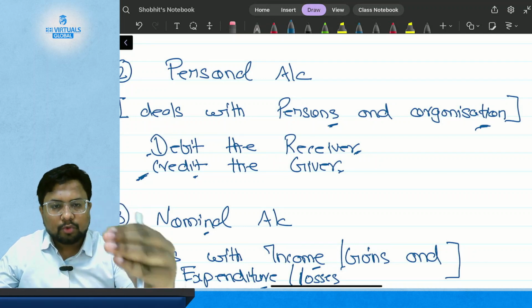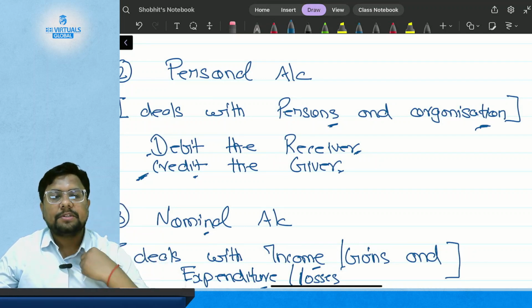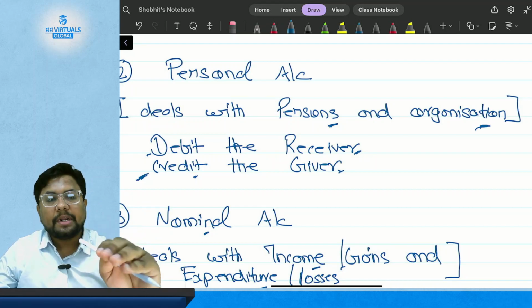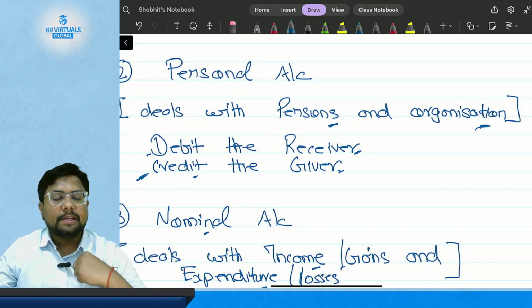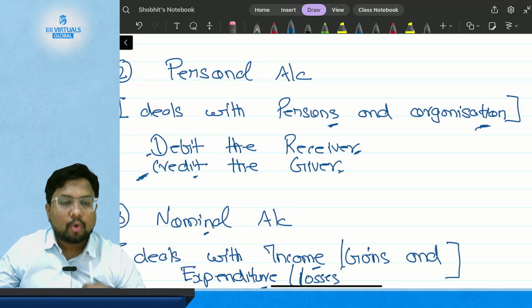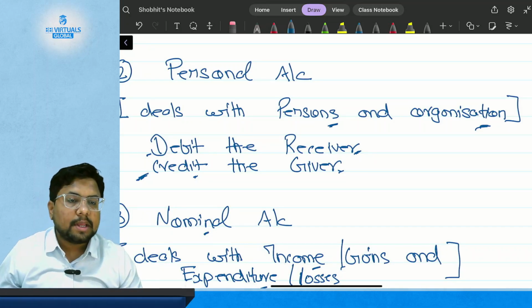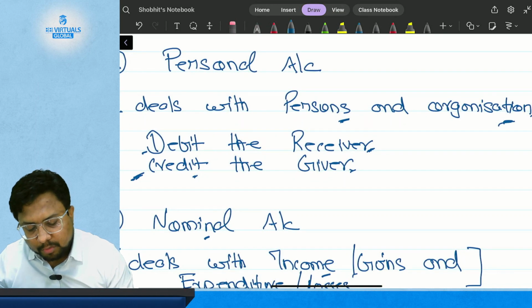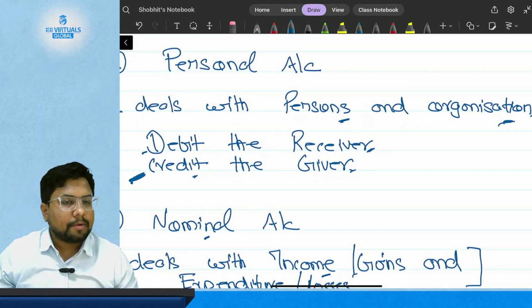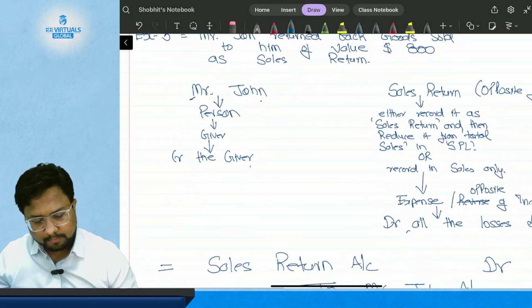If I have purchased goods from Mr. Peter, Peter is the giver and I am the receiver, but I cannot record myself in my own book, so I will record Mr. Peter. Mr. Peter is the giver, and the rule says credit the giver.